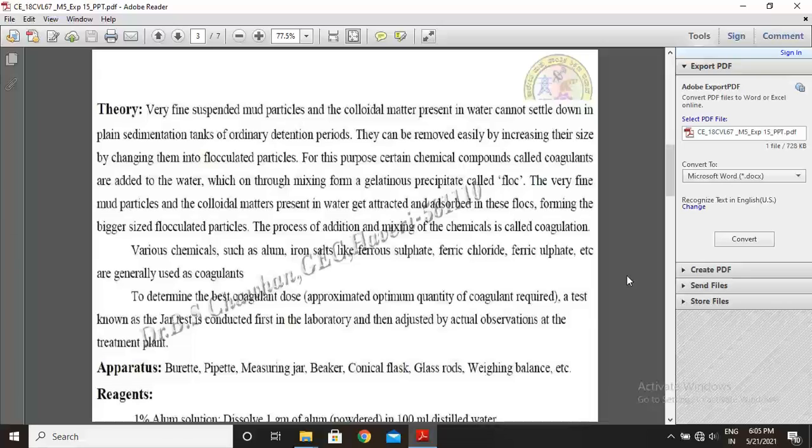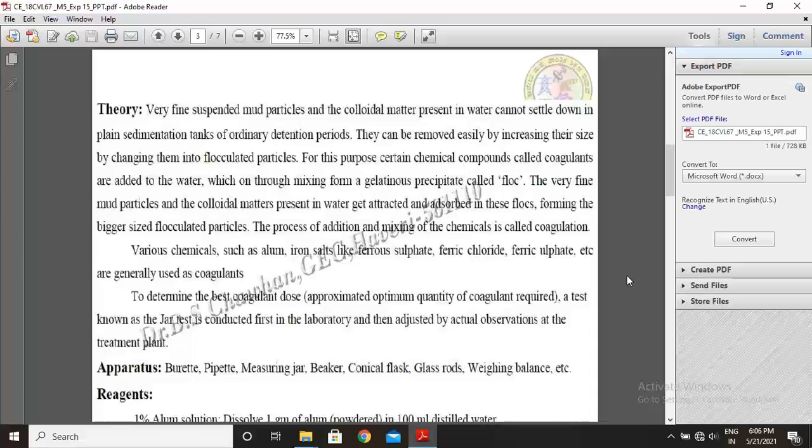Various chemicals such as alum, iron salts like ferrous sulfate, ferric chloride, ferric sulfate, etc. are generally used as coagulants. To determine the best coagulant dose, a test known as the jar test is conducted first in the laboratory and then adjusted by actual observations at the treatment plants.